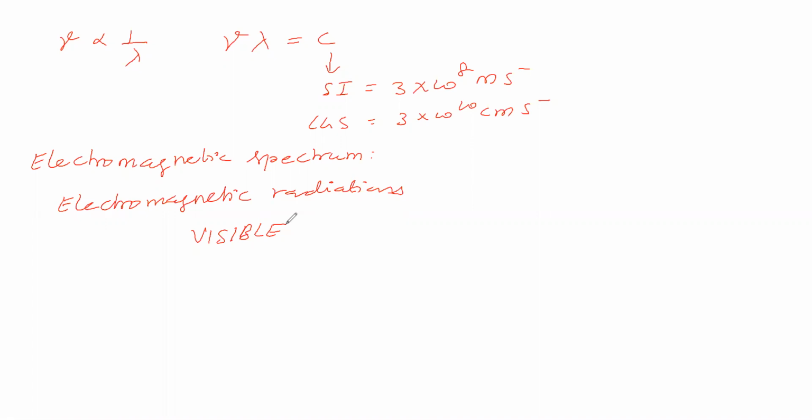Electromagnetic radiations have wavelength, frequency, wave number, amplitude, and so on.